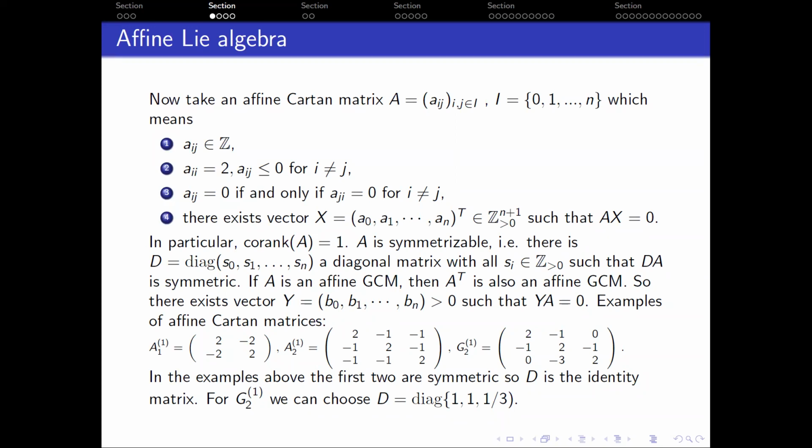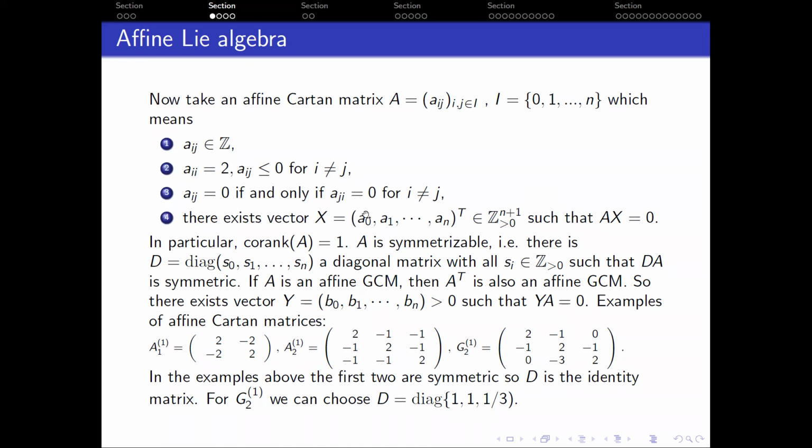In particular, if the Cartan matrix satisfies these, which are the typical conditions that you already saw, and the additional condition here is that it has a null vector, meaning that the null space of this matrix is one-dimensional, and there exists a non-zero vector x.